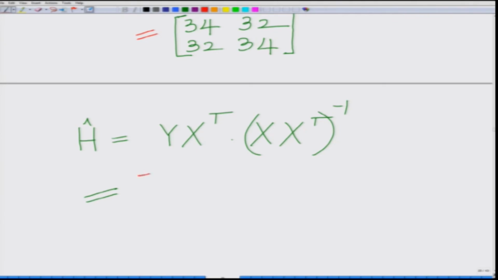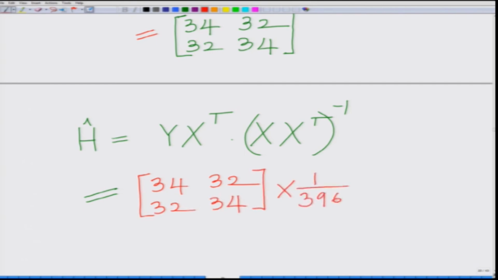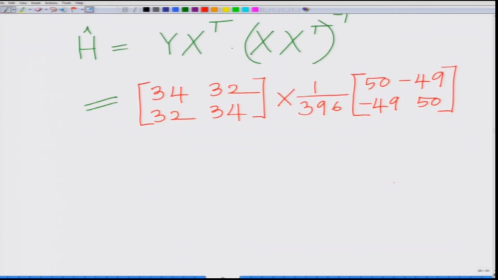Let me write it down over here, 34, 32, 32, 34 times x x transpose inverse, that we computed before, 1 over 396, 50 minus 49 minus 49, 50.